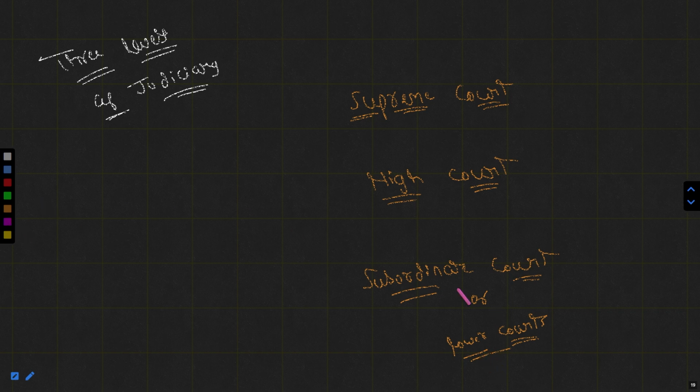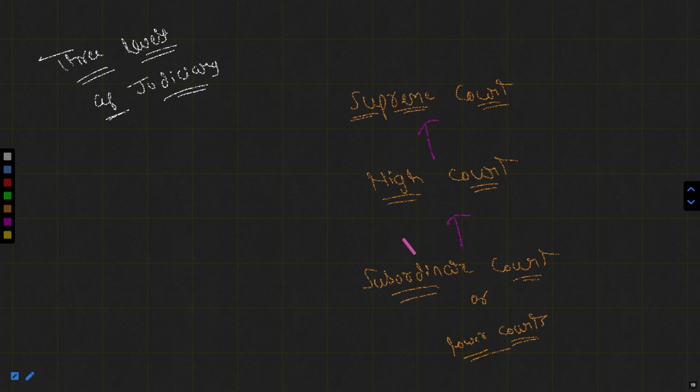All these levels are integrated with each other. The subordinate courts or lower courts are integrated with the high courts, and the high courts are integrated with the Supreme Court. So if you have any issue, first you reach the subordinate or lower courts. Then if you are not satisfied with the judgment you got from them, you can move to the high court.